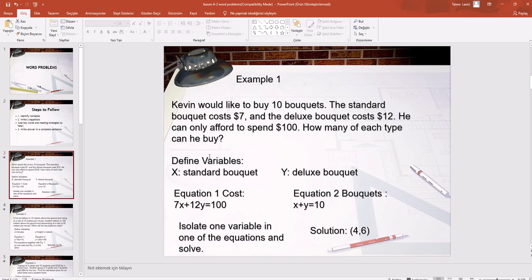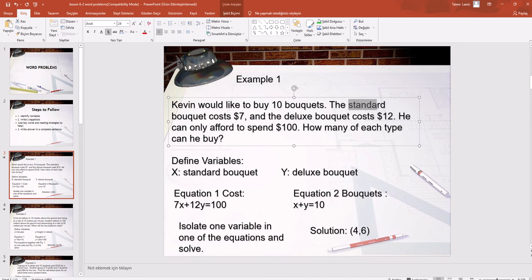So first of all, let us define two variables here. Why two variables? This is important: define variables. We have two different bouquets, one standard and one deluxe.